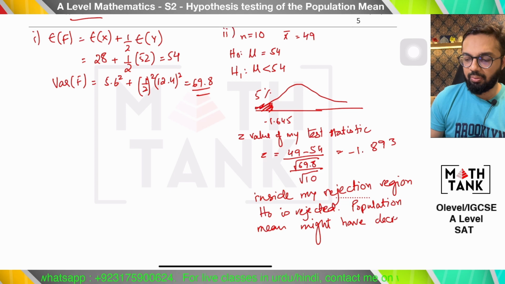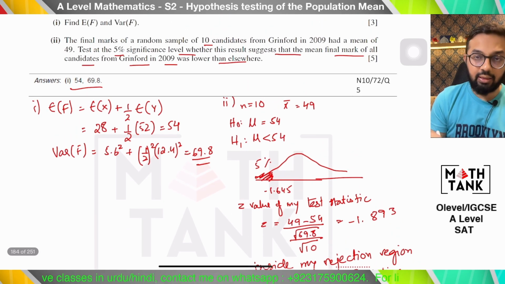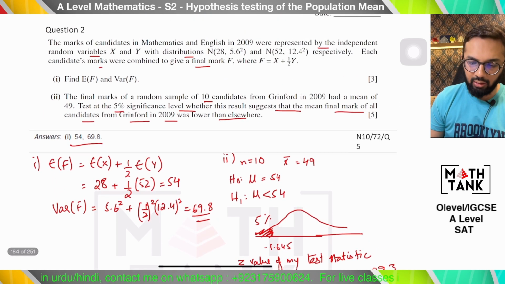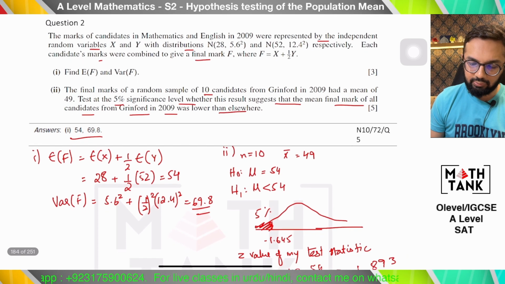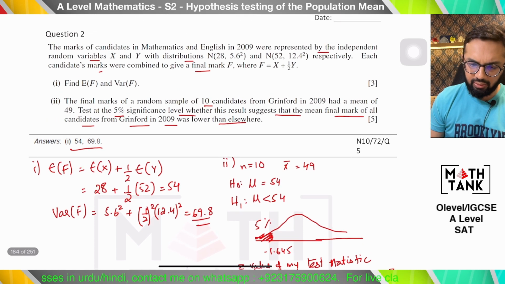But according to the question, what it is asking me is to test at the 5% significance level whether this result suggests the mean marks of all candidates from Grinford in 2009 was lower than elsewhere. Okay, so yes, the mean marks were lower.